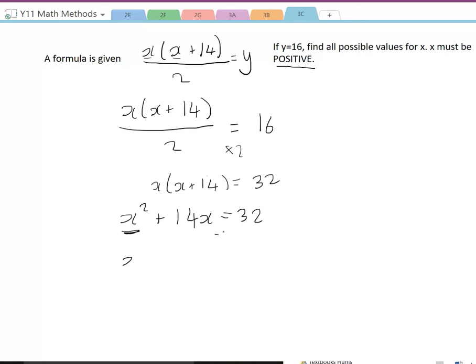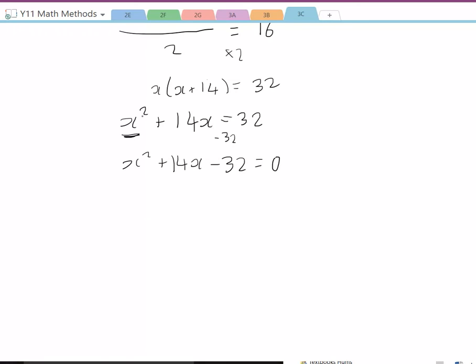We could do that by taking 32 away. x squared plus 14x minus 32 is equal to 0. Now I've got that, we can look at what adds to give 14 and multiplies to give negative 32. So it's going to be a positive and negative number. See if you can figure that out first. So maybe pause it here. Try and solve it from here.